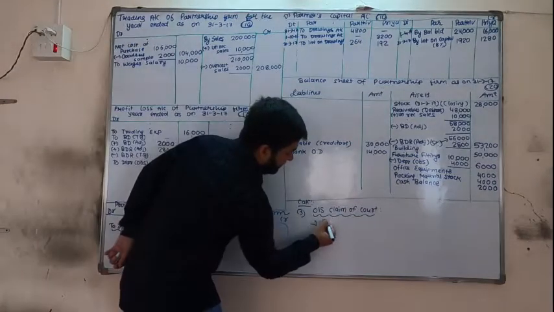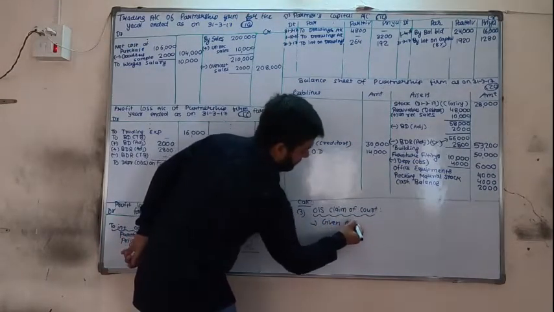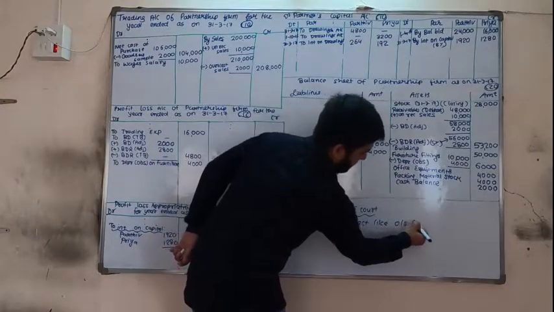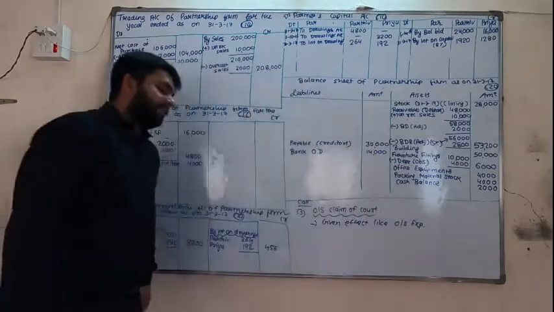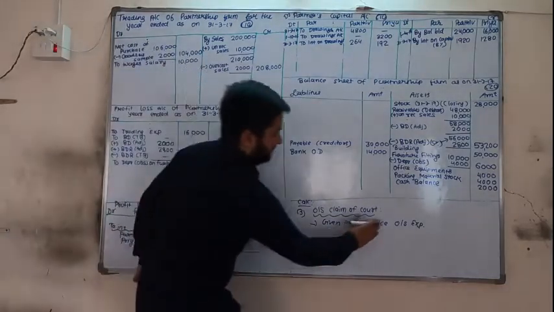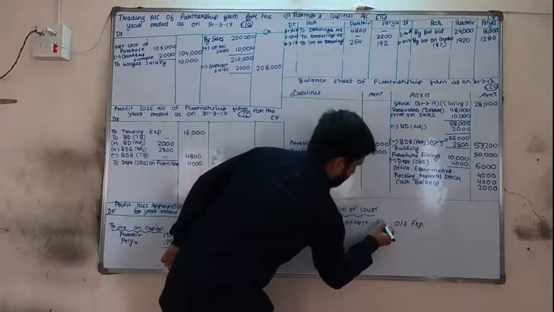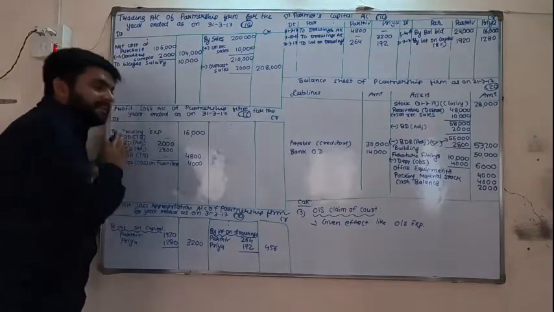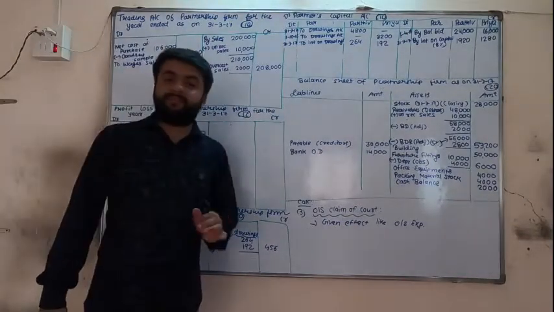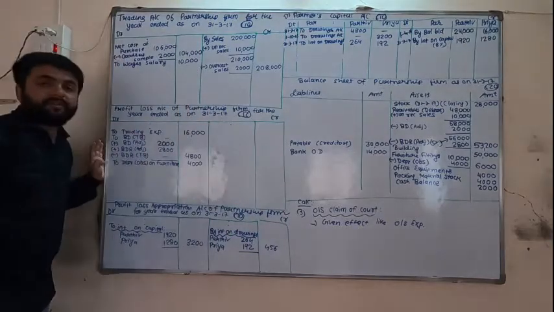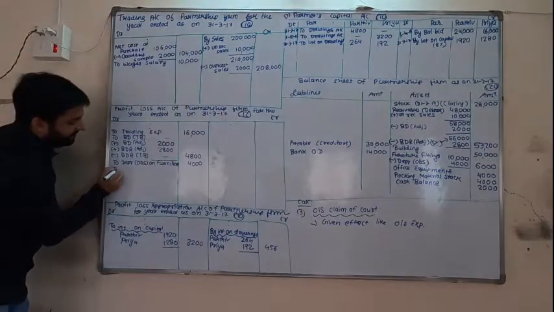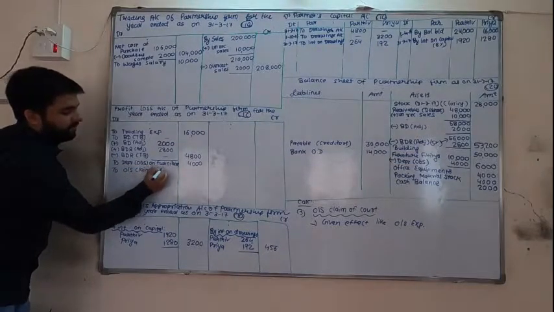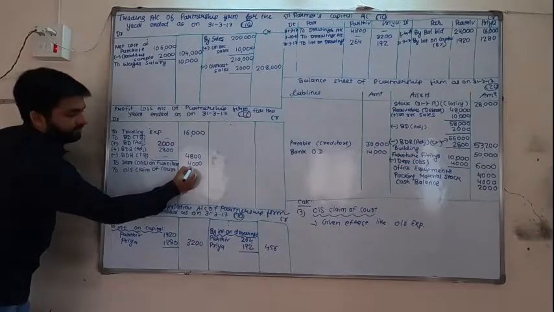In that you give effect like outstanding expense. So outstanding expense is P&L debit side plus and liability side. But in P&L debit side we don't have claim, so directly we are writing outstanding claim of court.